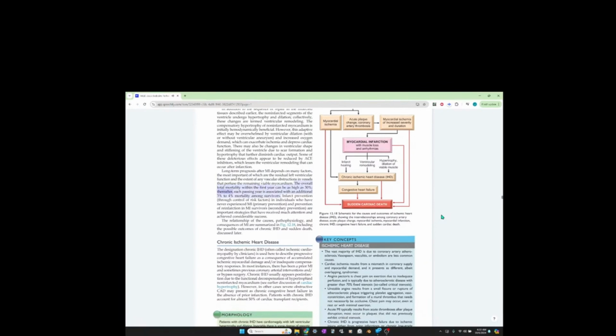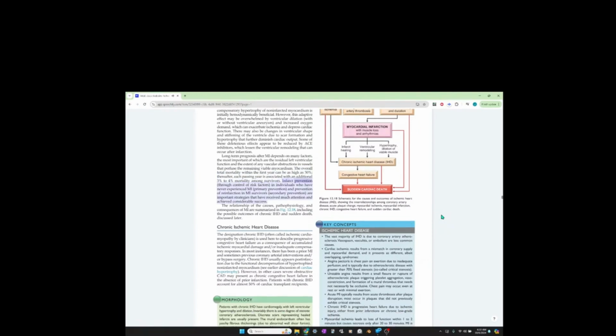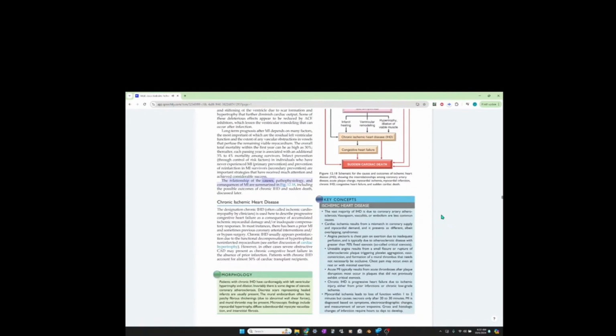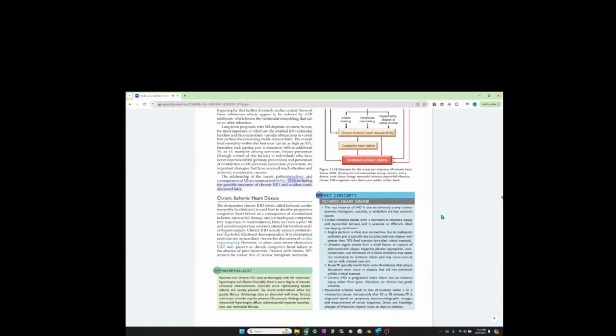Thereafter, each passing year is associated with an additional 3% to 4% mortality among survivors. Infarct prevention in individuals who have never experienced MI and prevention of reinfarction in MI survivors are important strategies that have received much attention and achieved considerable success. The relationship of the causes, pathophysiology, and consequences of MI are summarized in Fig. 12.18, including the possible outcomes of chronic IHD and sudden death, discussed later.